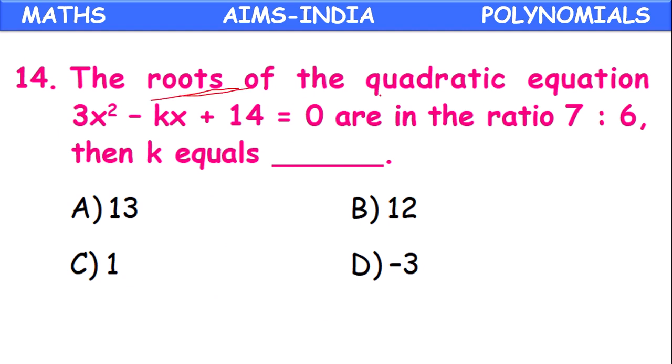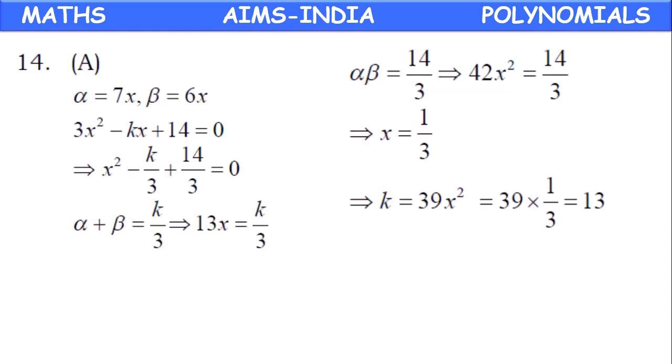Next one. The roots of the quadratic equation 3x square minus kx plus 14 equal to 0 are in the ratio 7:6. Then k equals how much? Let the roots be 7x and 6x. So this is the given equation. If we divide with 3, then it will become x square minus k by 3 x plus 14 by 3 equal to 0.